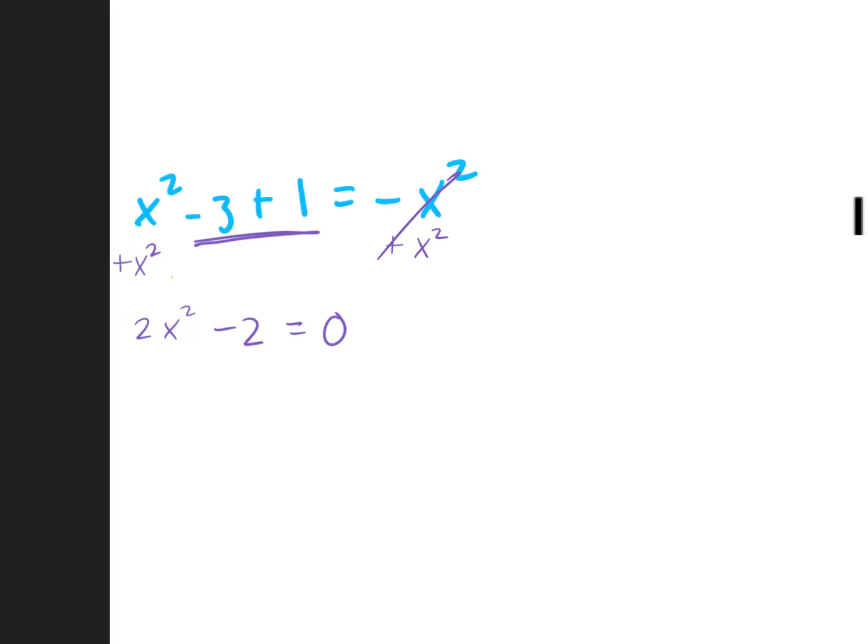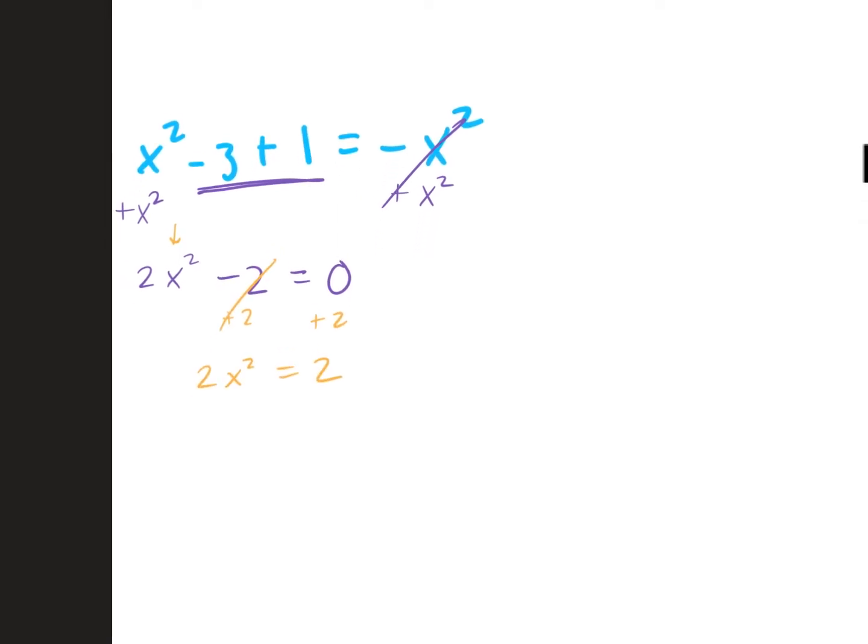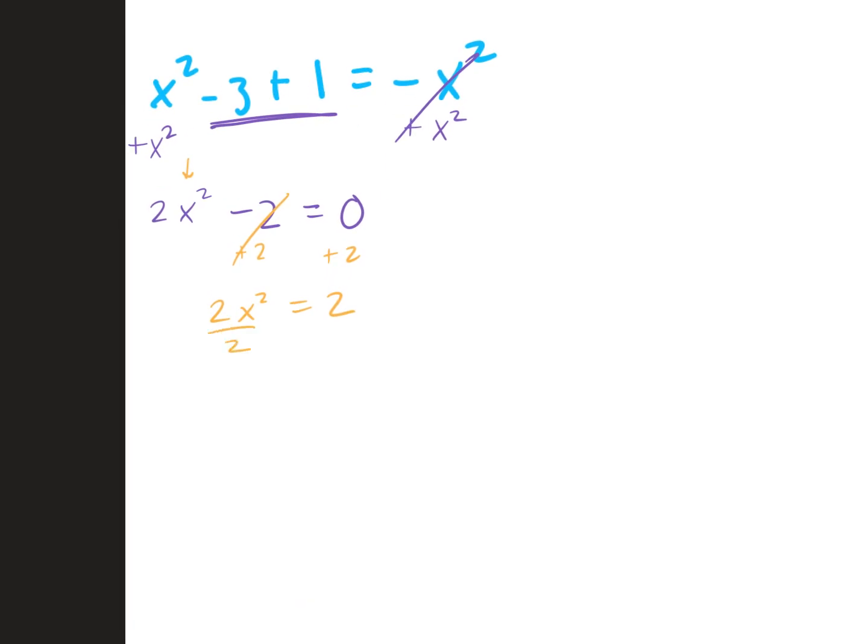So here I just have an x squared, and I want to get that all by itself to solve. So I can add 2 to move that to the other side first. So 2x squared is equal to 2. And then what should I do? Divide by 2. So x squared is equal to 1.